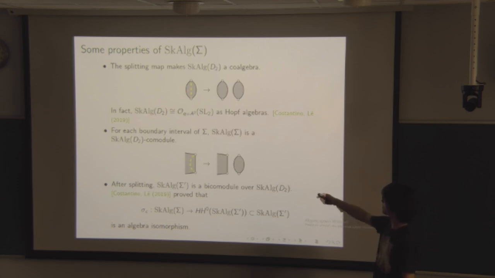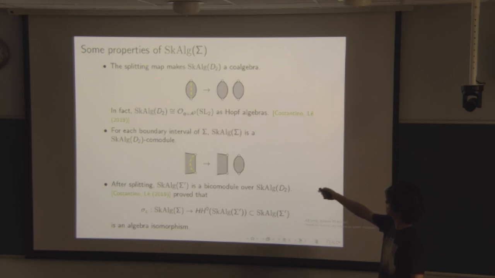And so it gives a stated skein algebra of bigon a co-algebra structure. And in fact, Costantino and Lê show that these are Hopf algebras, and as Hopf algebras, these are isomorphic to the quantized coordinate ring of SL2, which is Hopf dual of U_q(sl2), the quantized universal enveloping algebra of SL2.